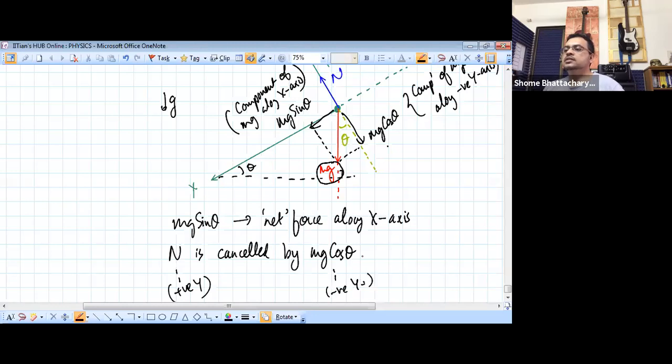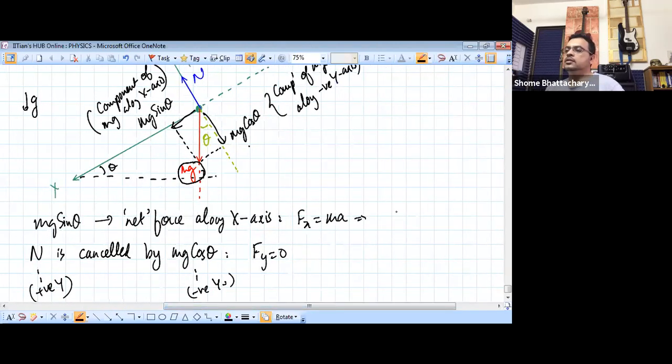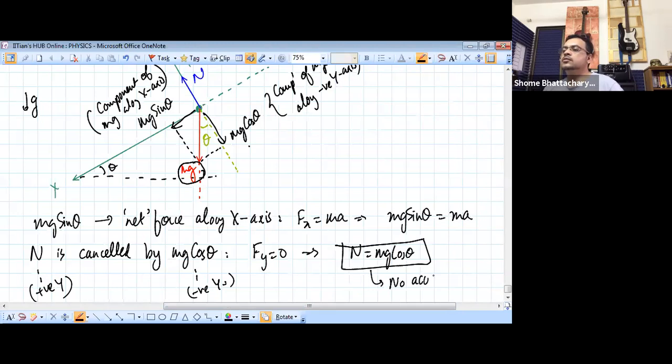And we had seen earlier that the net y force was 0, whereas the net x component of force was how much? Mass into acceleration. So this equation shows us that mg sin theta is the net force acting along the x-axis, so it's providing an acceleration here, whereas this equation shows us that N is cancelled by mg cos theta. These two forces are balancing each other, so there is no acceleration along the y-axis.